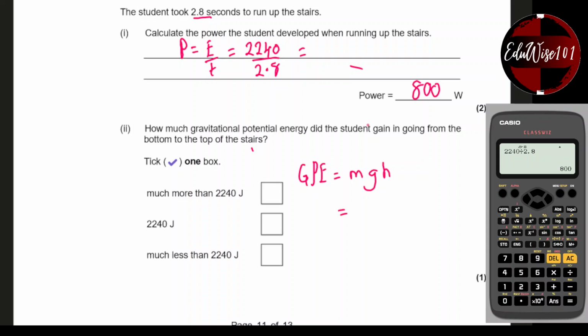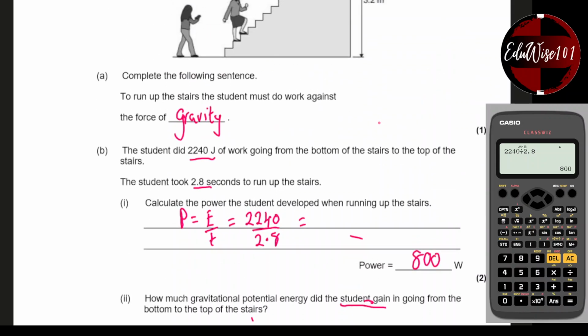Actually, you don't need to do a calculation because it's only 1 mark. The gravitational potential energy that the student gain is equal to the energy that she spent. So it would be this energy, 2,240 joules of work.